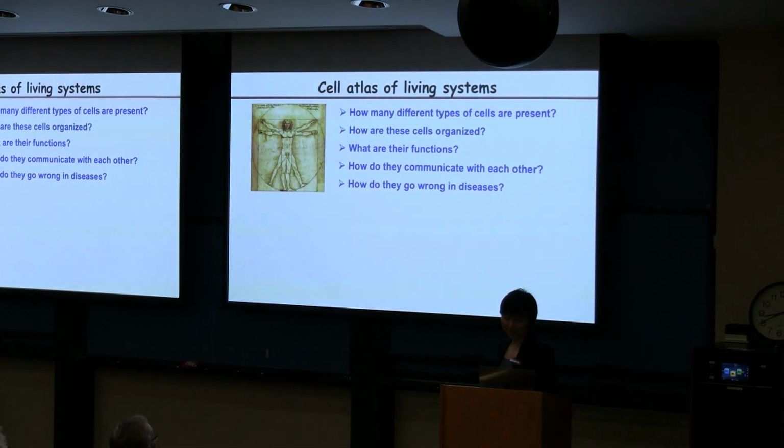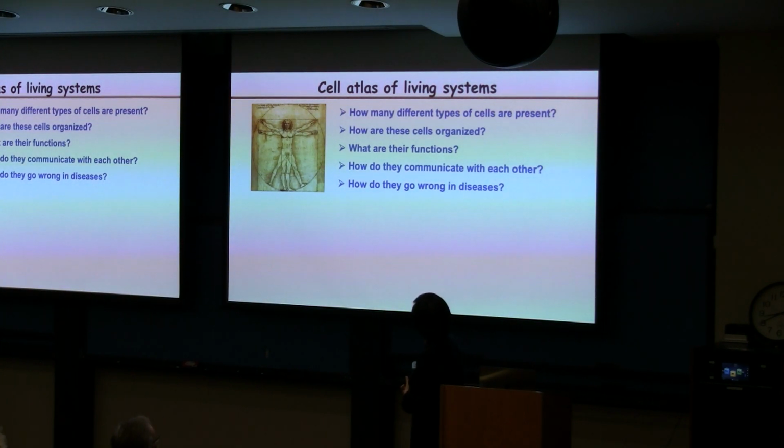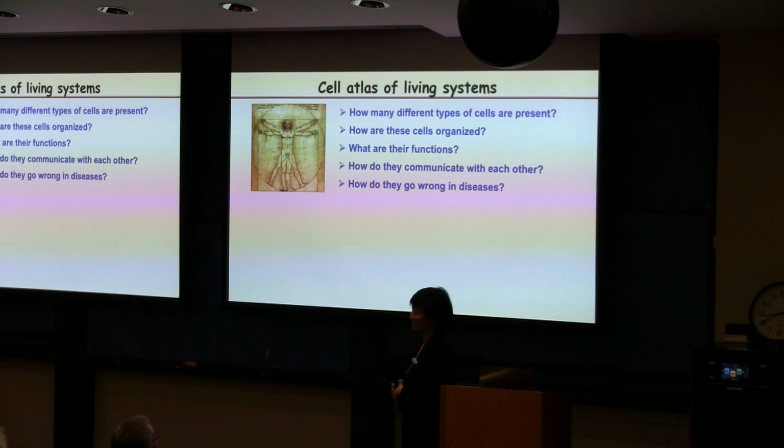And with that, you could imagine that with this approach, we can now begin to think about building the cell atlas of human and other living systems to find out how many different types of cells are there in our body, how are these cells organized, what are their functions, how do they communicate with each other.